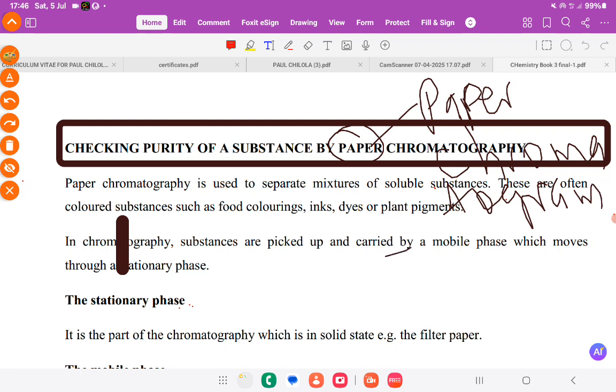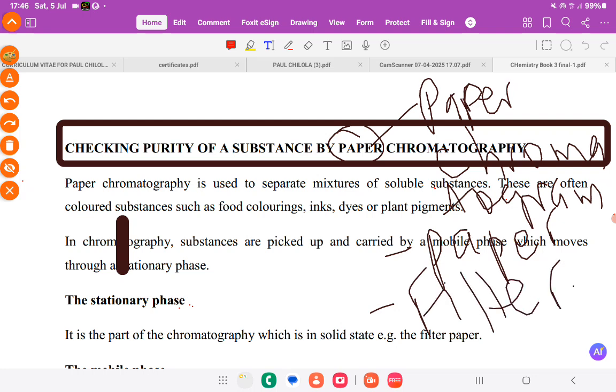You can use chromatography paper. You can also use what is called filter paper. As a matter of fact, the paper used here is similar to filter paper, to analyze a sample for its purity, to tell whether a substance is pure or not pure.